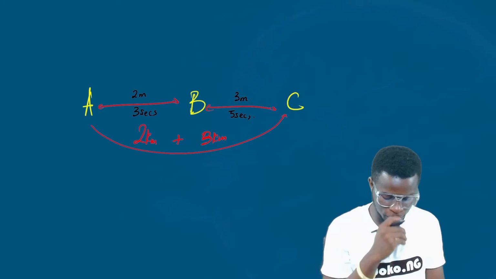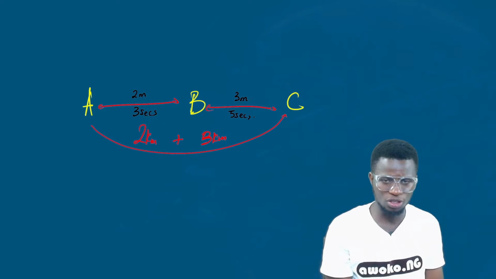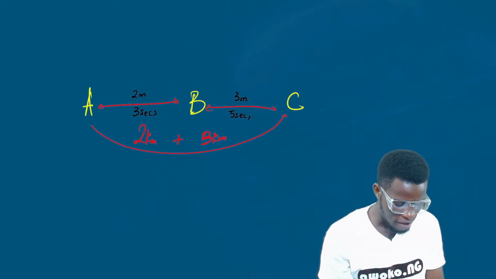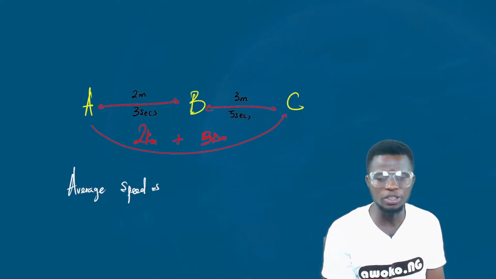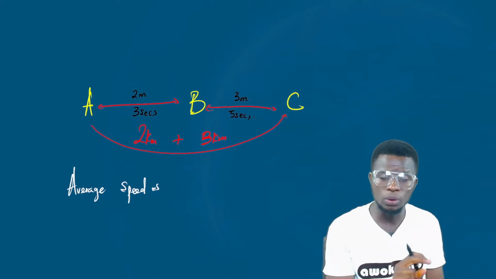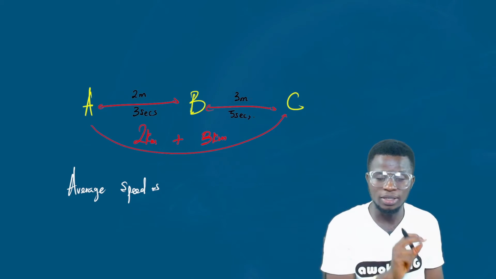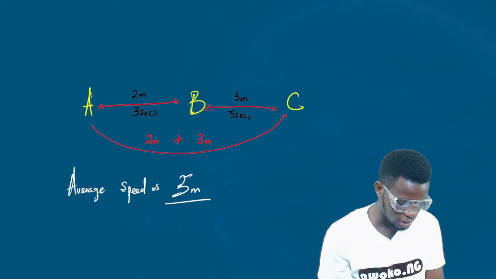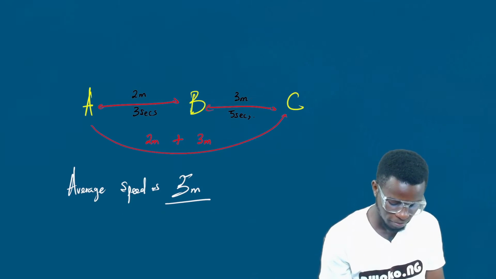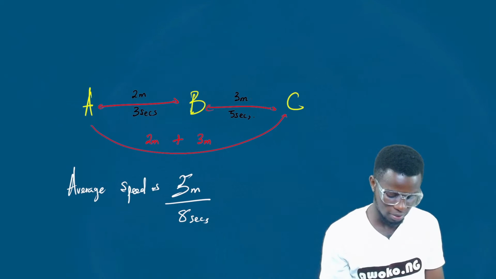Now we are asked to find the average speed, and we said the average speed is equal to the total distance all over the total time taken. The total distance here is 5 meters all over 8 seconds.